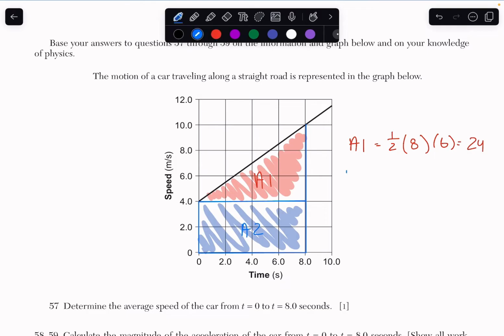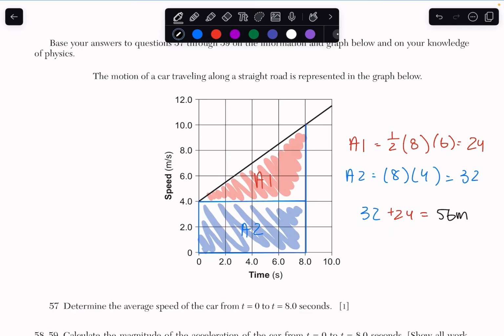And for A2, since it's a rectangle, we don't have to multiply it by 1/2. We just do 8 times 4, and that's 32. So when we add them up, 32 plus 24, we're going to get a total of 56 meters. So the displacement of the entire thing is 56 meters.